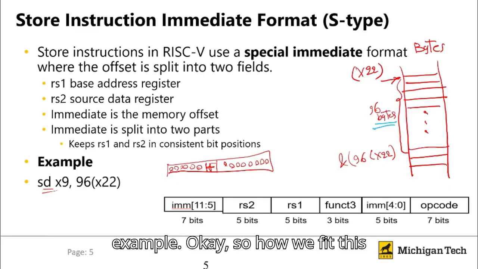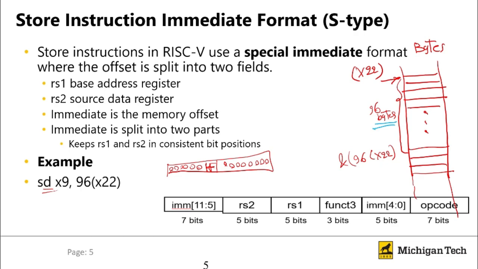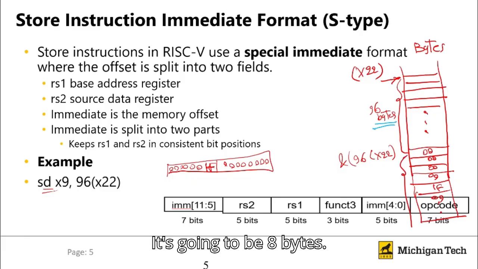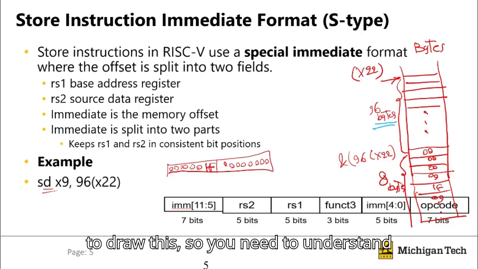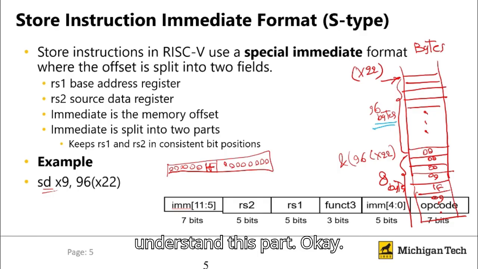So how do we fit this here? It's going to be longer, but 0, 0 here, 1F here, and the rest also 0. It's going to be 8 bytes. I might ask you in your exam to draw this, so you need to understand what's going on here. You need to understand this part. Okay?